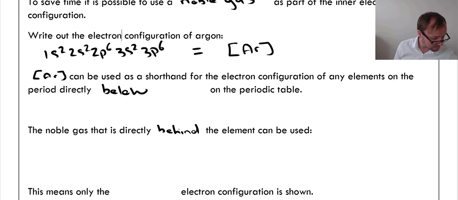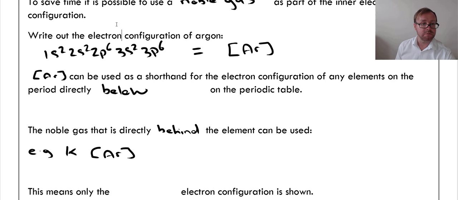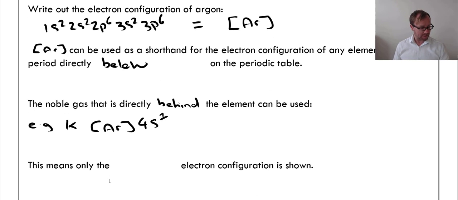For potassium, instead of writing out 1s2, 2s2, 2p6, 3s2, 3p6, we can say that Ar is equal to this, and then I just write what my next electrons are. In this case it would be, for potassium, 4s1. So this means only the partial electron configuration is shown.